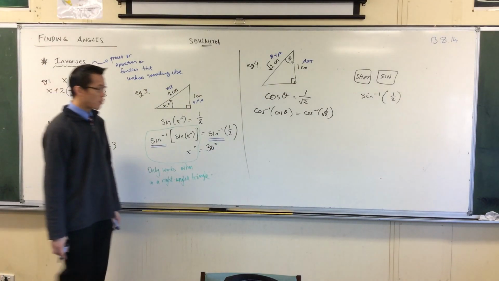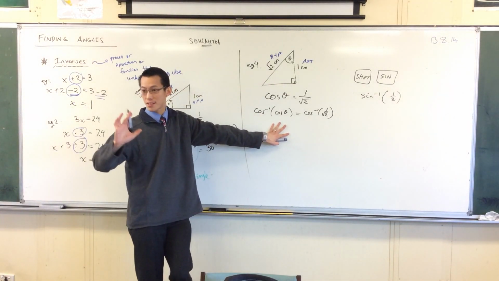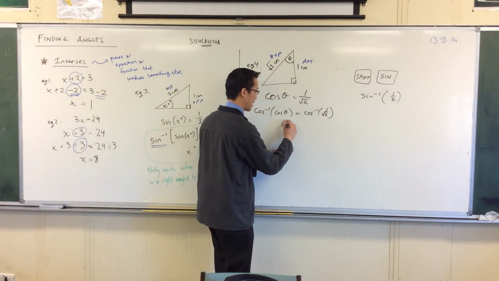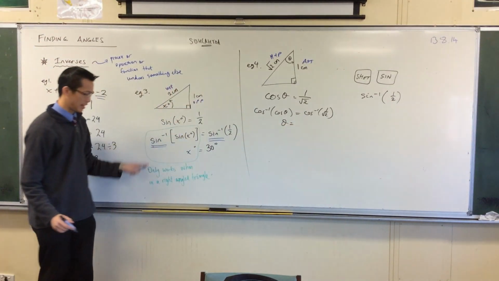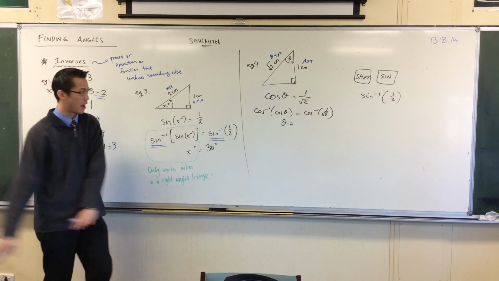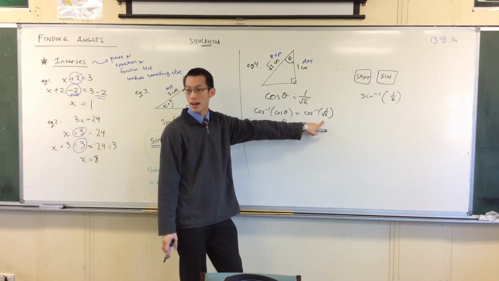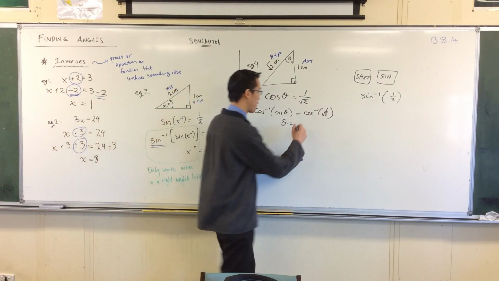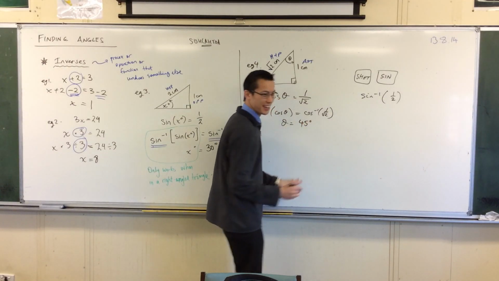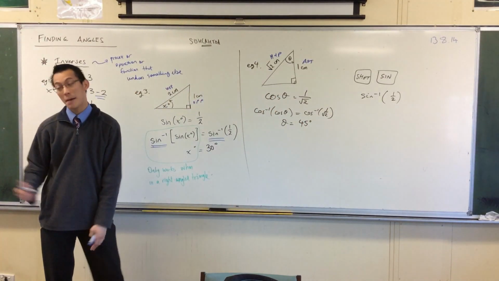I have an answer. Over here, the theta's just left by itself. For the same reason, it only works in right-angle triangles. We'll explain why later. Then you pop this into your calculator, and you get 45 degrees. Corrected. I wanted to say that. So the same, worked exactly the same.